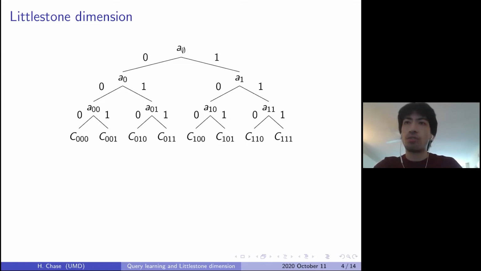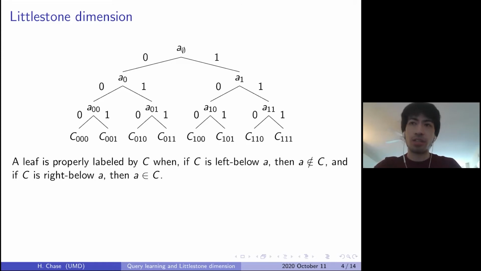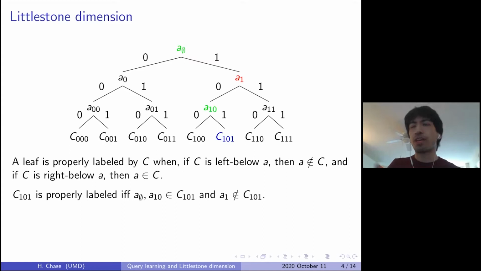Here, all of the a's are elements from the base set X, and all of the c's are sets from the concept class curly C. In this tree, a leaf will be properly labeled when the path that we take through the tree determines the membership of the elements along the path to the leaf. In this particular case, if we go right, we want the element to be in the set, and if we go left, we want the element not to be in the set.